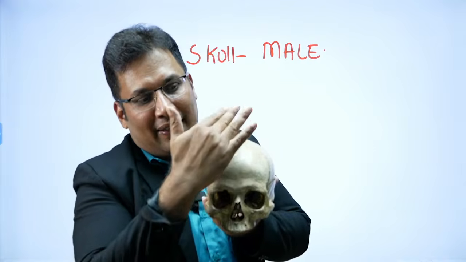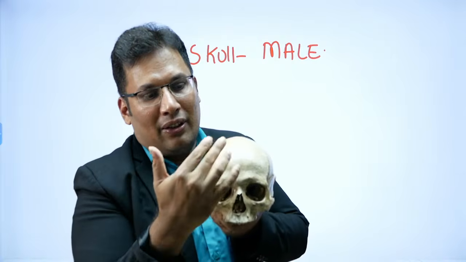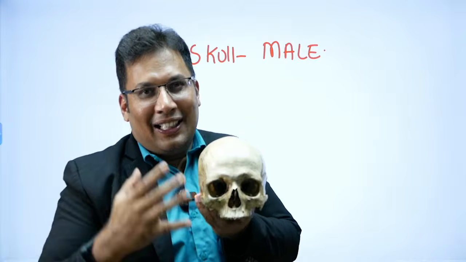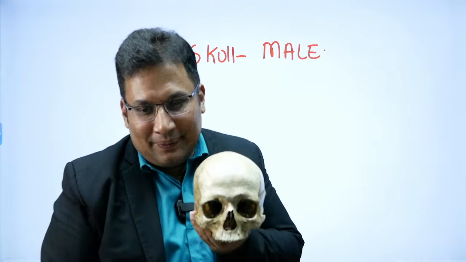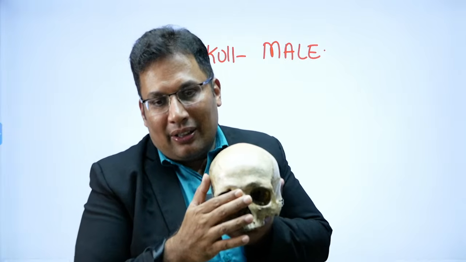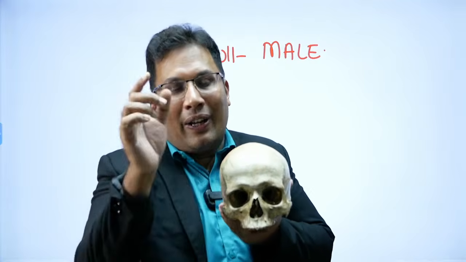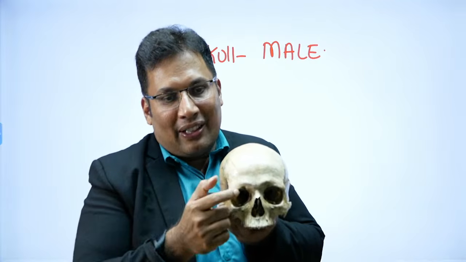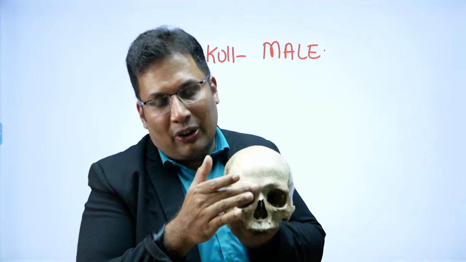Now look at this male skull, steeper forehead. You can make out the steeper forehead. Can you make out any other features other than this? Very good, many answered. Sloping forehead, orbits are square. Very good. Prominent glabella, frontonasal junction.